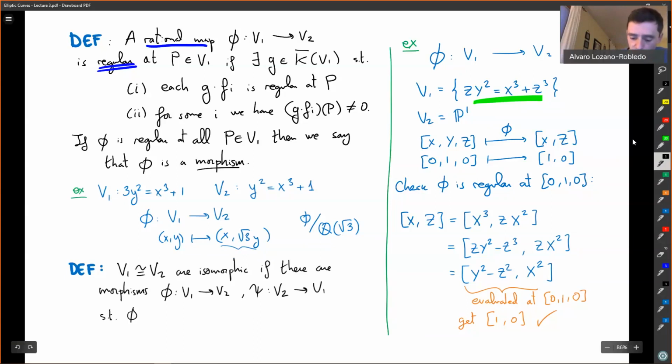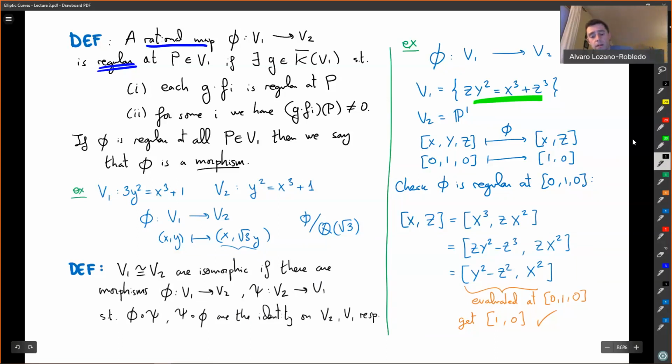So that phi composed with psi and psi composed with phi are the identity on V2 or V1 respectively.